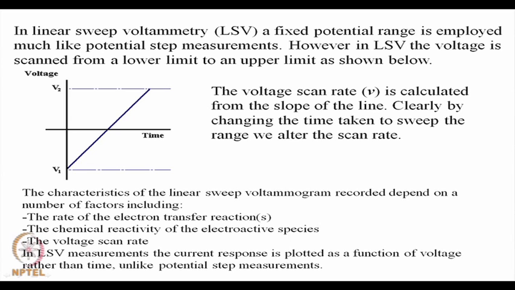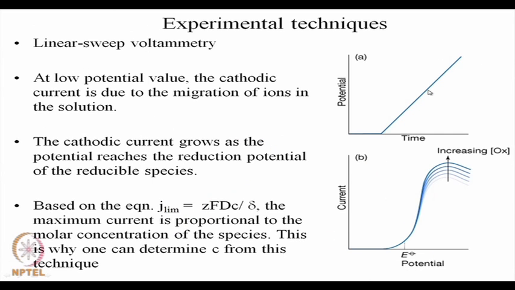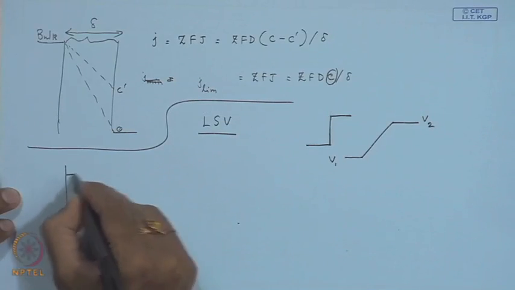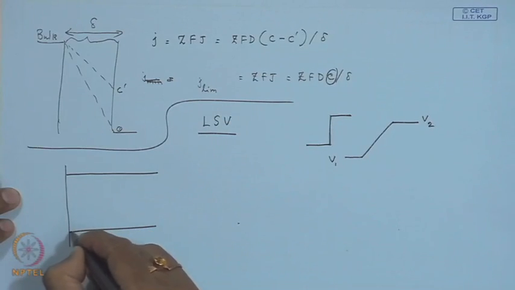Now a typical plot is like this. Here is the linear sweep voltammogram, this is potential versus time, and you change the scan rate. The voltage is increasing according to your scan rate. As a result of the change of scan rate, let us draw one thing: you have V1 and V2, and you change like this.